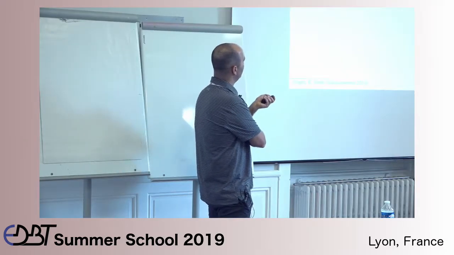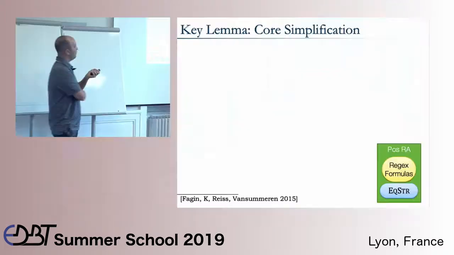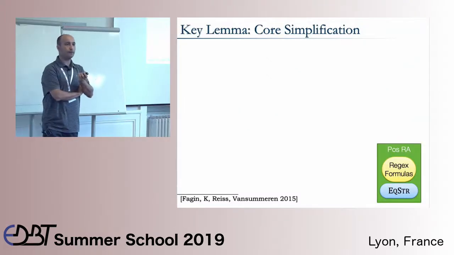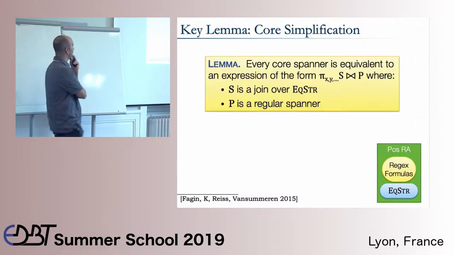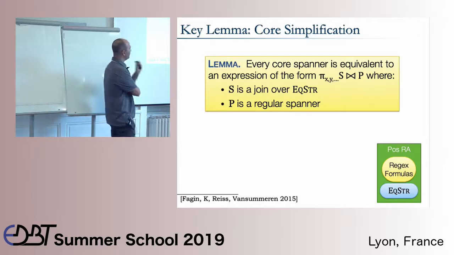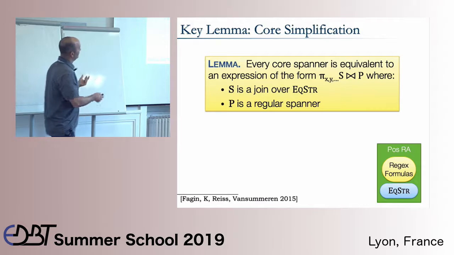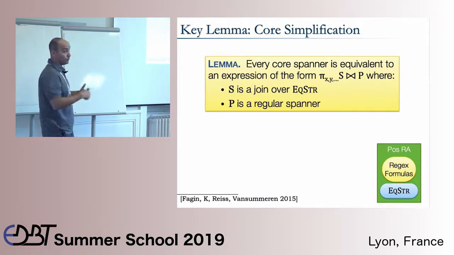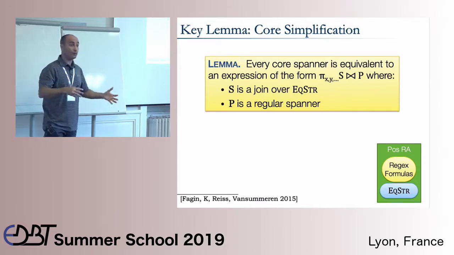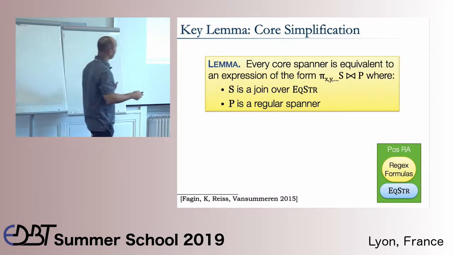Now, to prove this theorem, we needed this central lemma that we call the core simplification, which says that whenever we have a spanner in this language, the core spanner, you can always define it in the following structure. You can normalize it or transform it into this form that is fairly easy to reason about.